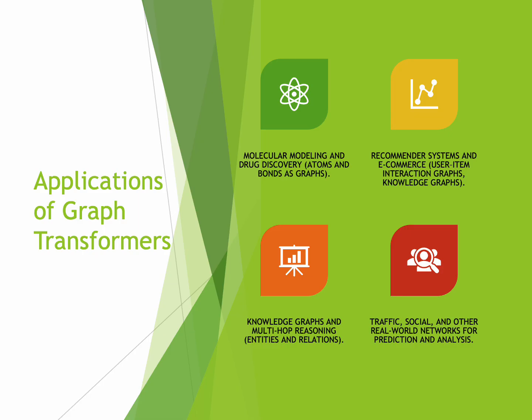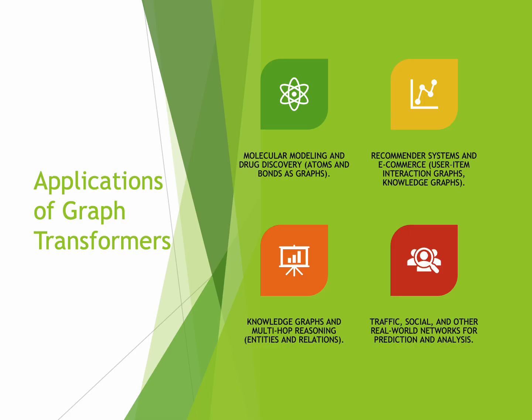In recommender systems, graphs represent user item interactions and knowledge graphs, and graph transformers are used to model complex multi-hop relationships. In knowledge graphs, they improve link prediction and reasoning over relational structures. They are also used in traffic networks and social networks for tasks like forecasting and community detection.